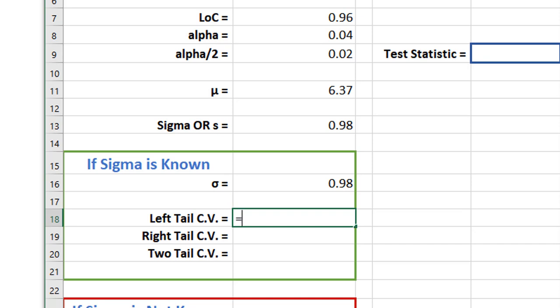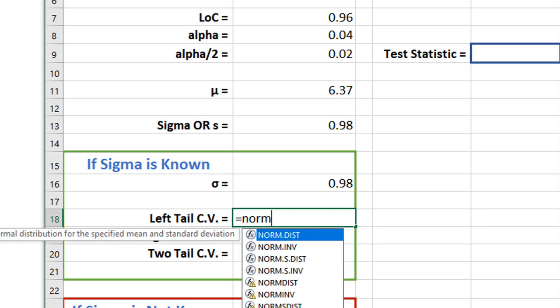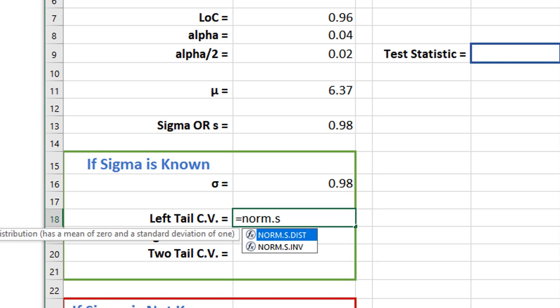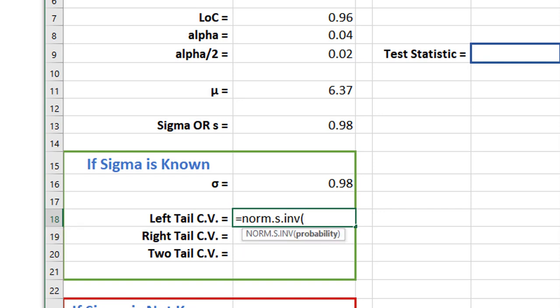So we will say equals norm.s.inv, open parenthesis, I'm going to click on my alpha value, then close that parenthesis, press enter.